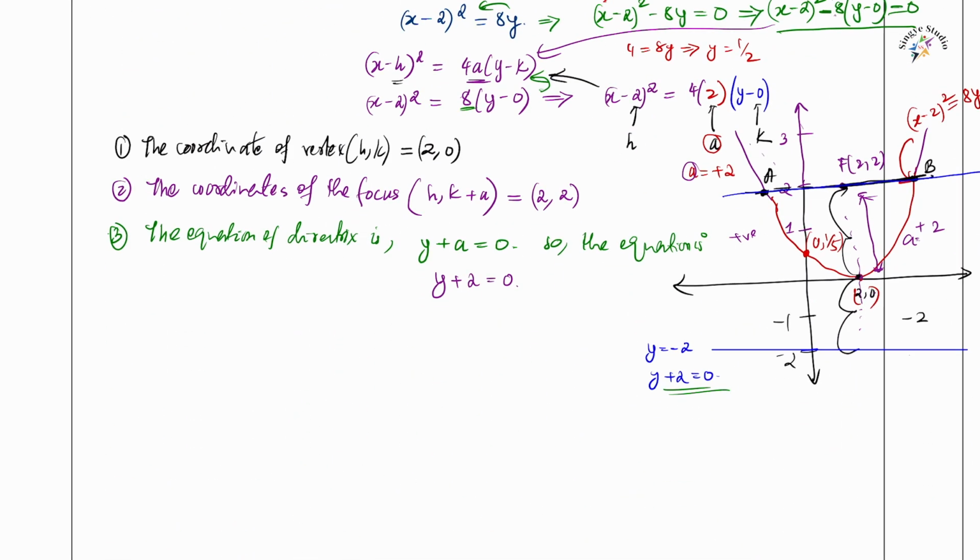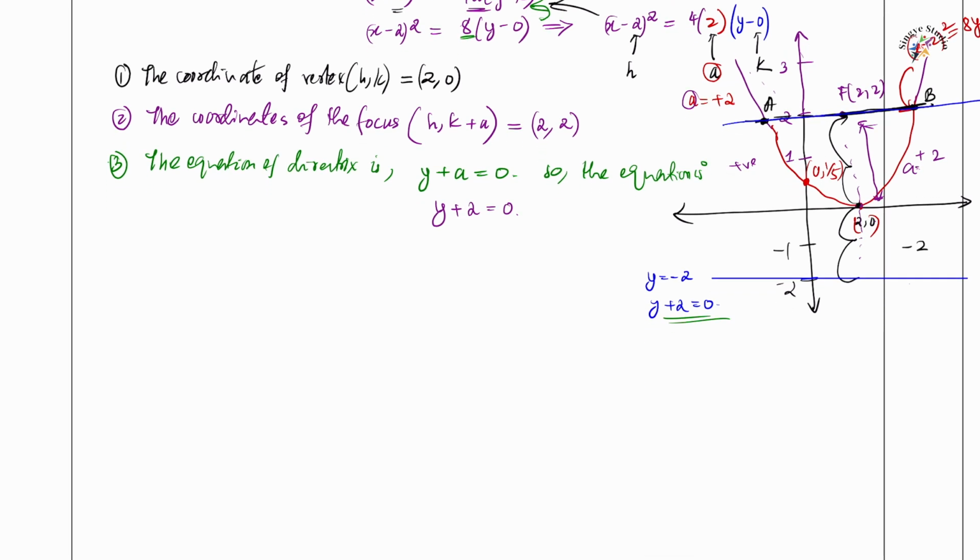To find the length of latus rectum, we know that L equals 4 times the absolute value of a. Here the absolute value of a means the distance between the vertex and the focus will be plus or minus a.